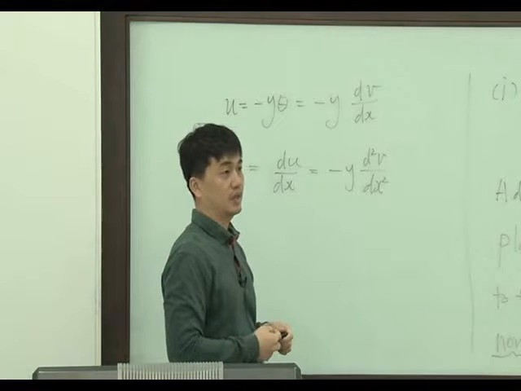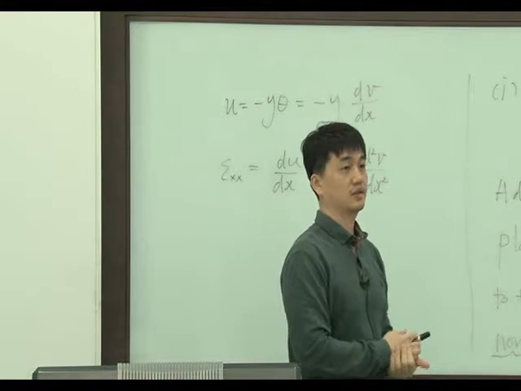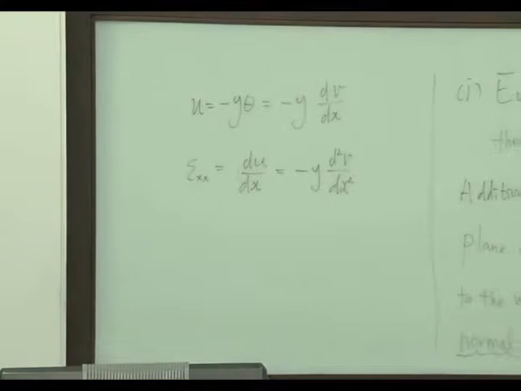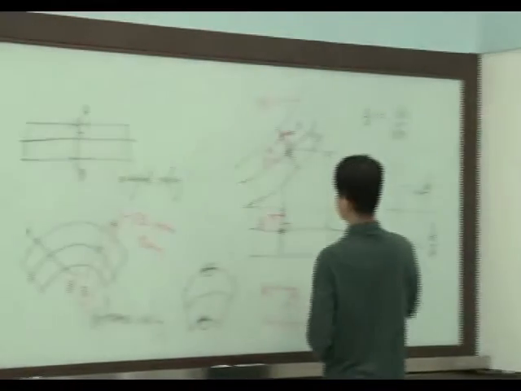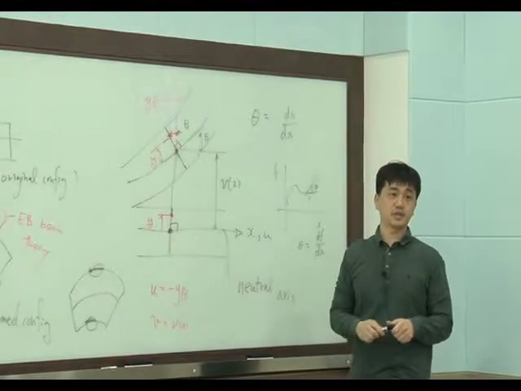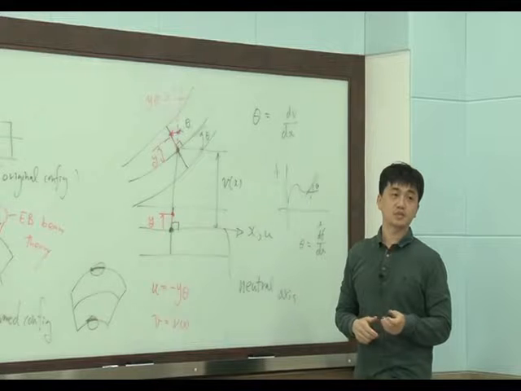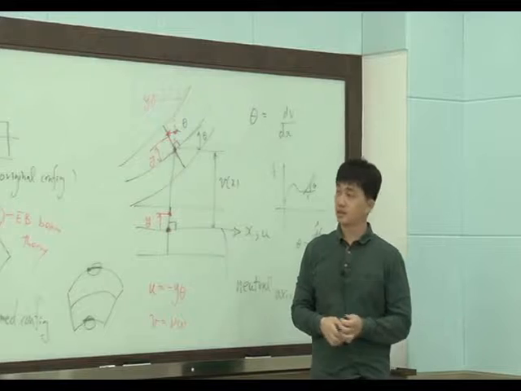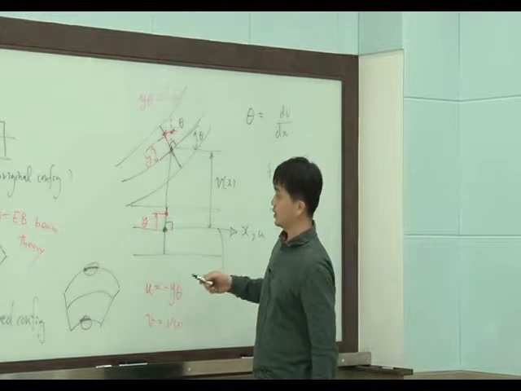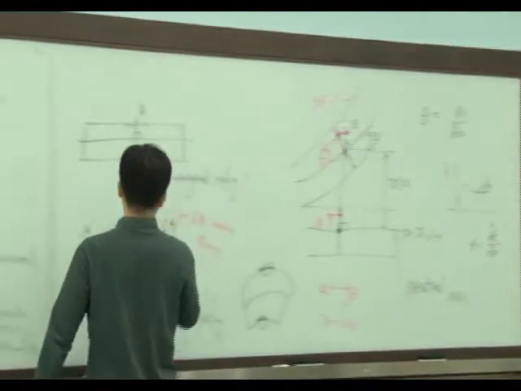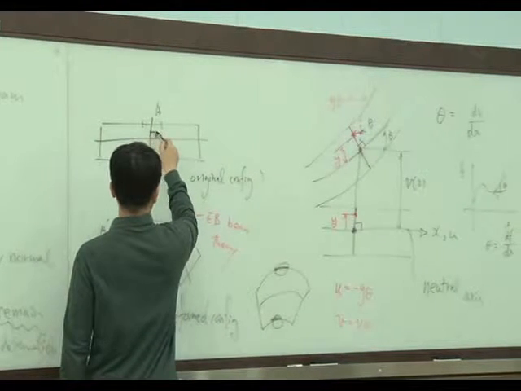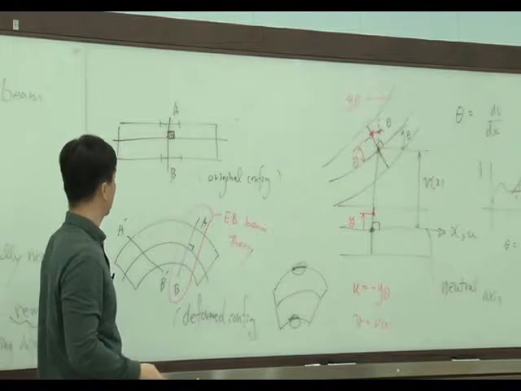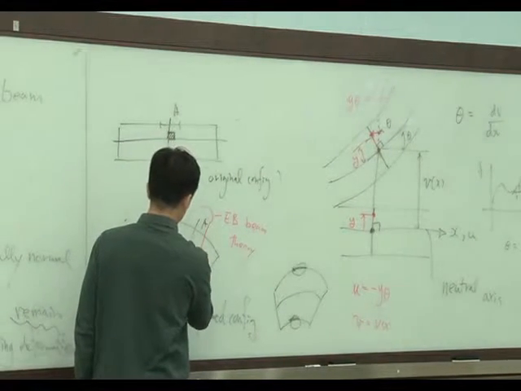Okay. How about the shear strain? During the deformation, transverse shear strain physically means the angle change, right? So let's look at here. Originally here we have a small cube, a small rectangle, and this is after deformation.